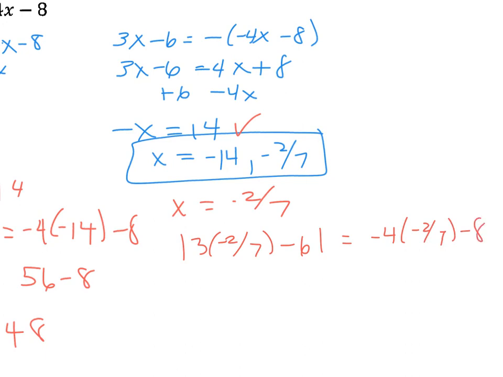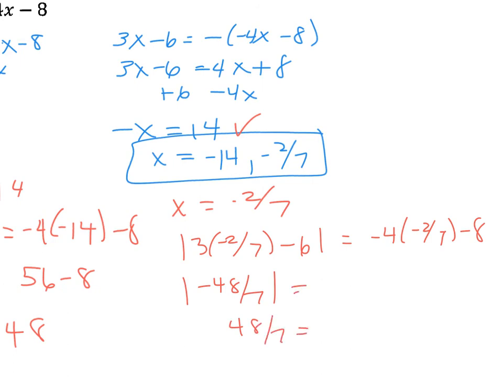So 3 times -2/7 is -6/7, and -6/7 minus 6, and 6 would be 42/7, so that would be -48/7, which is 48/7.